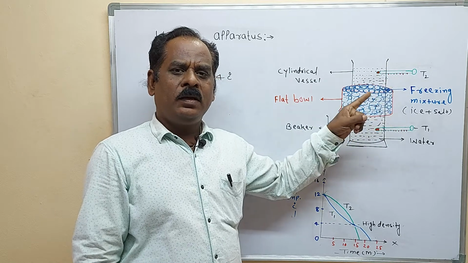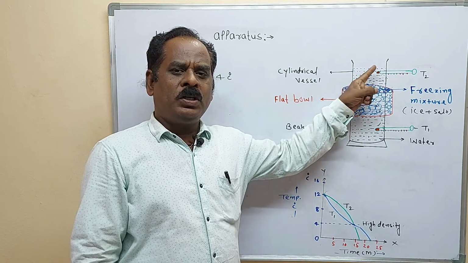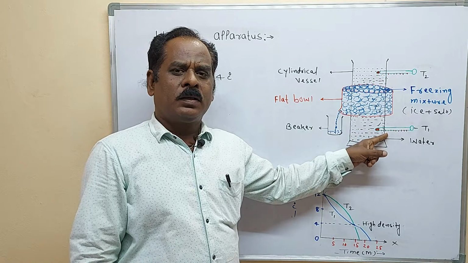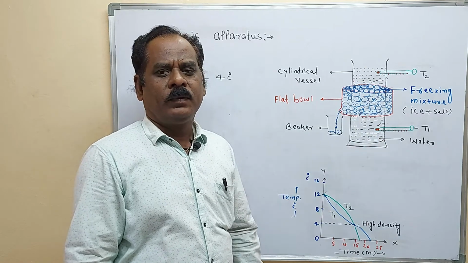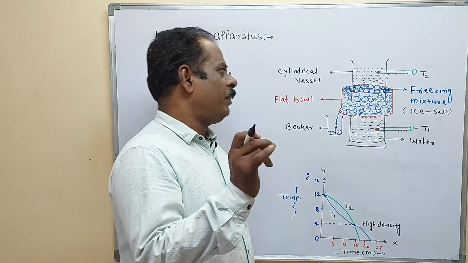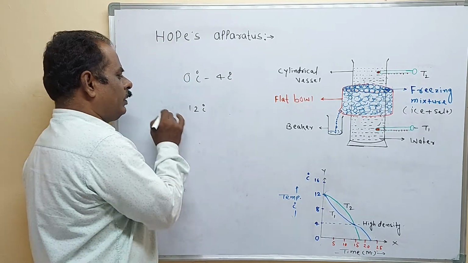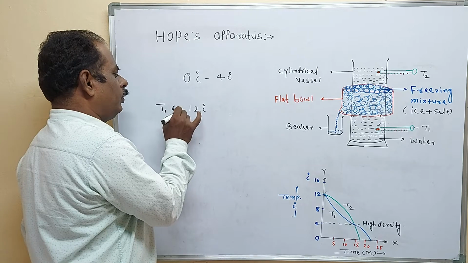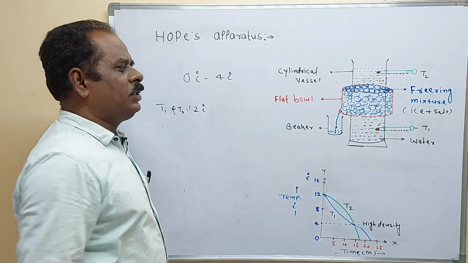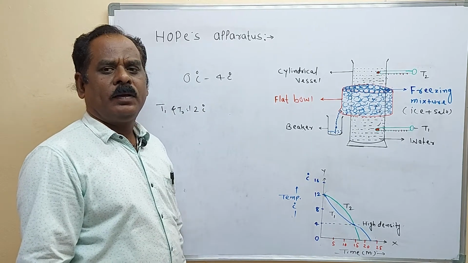Initially, both thermometers show the same reading. It means the initial temperature of water is considered as 12 degree centigrade. T1 and T2 both show the same temperature initially.